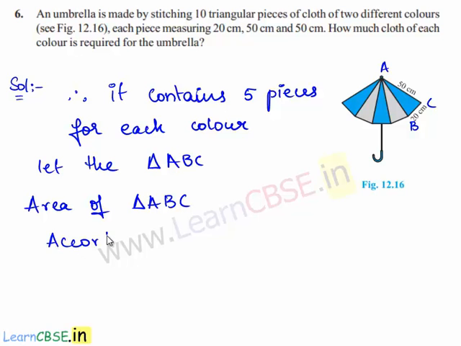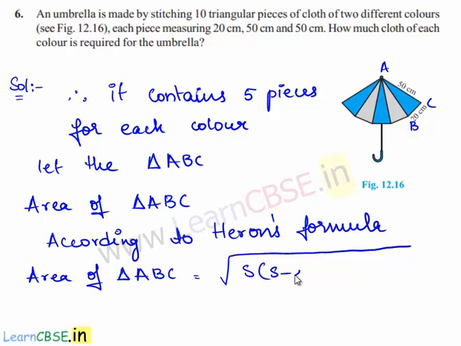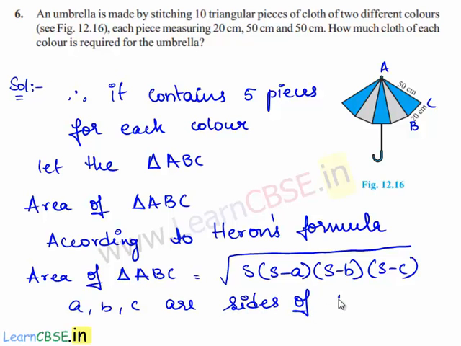So according to Heron's formula, area of triangle ABC is given by square root of s times s minus a times s minus b times s minus c, where a, b, c are sides of the triangle and s is the semiperimeter, which is obtained by a plus b plus c divided by 2.